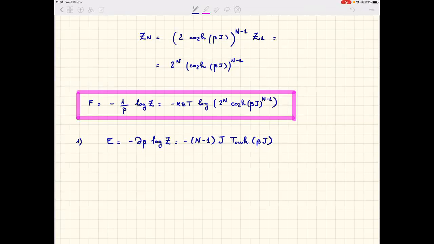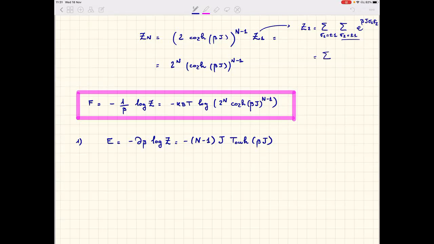I just wanted to ask another one where you said the last term was 2, just on the previous Z_N. Why did I say that this is equal to 2? Well, because Z2 is equal to the sum over sigma 1 equal to plus and minus 1, sum over sigma 2 equal to plus and minus 1, of e to the beta J sigma 1 sigma 2, right? This is Z2. Now I sum explicitly over sigma 2.